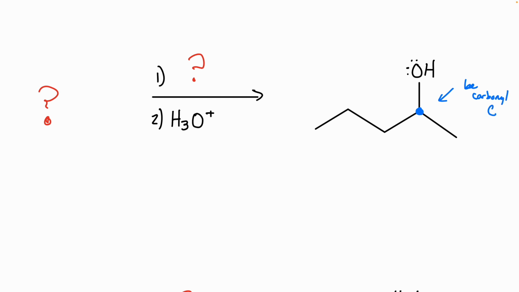It's got the hydroxyl group on there. That's for sure got to be my carbonyl carbon in my reactant. But I could have either one of these be my new carbon-carbon bond. Depending on which one I pick, that will change what aldehyde, in this case, yes, aldehyde, and Grignard I'm going to use. So in my first example, I'm going to choose this one on the left.